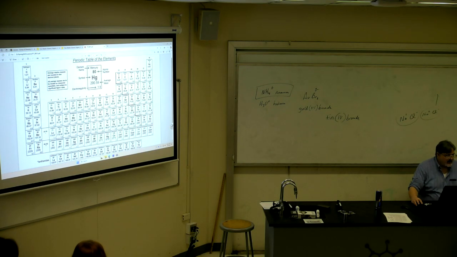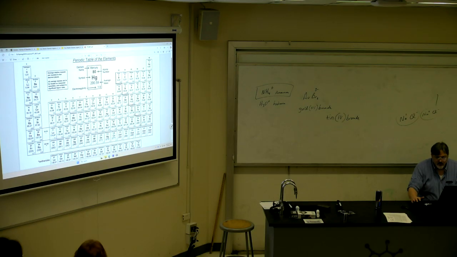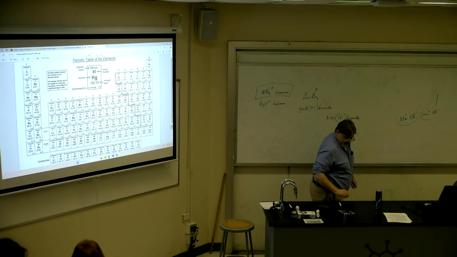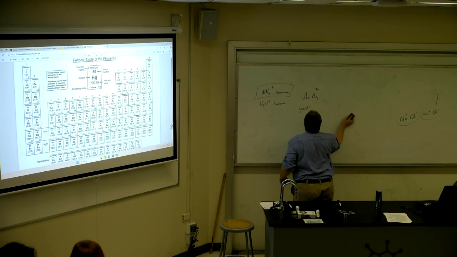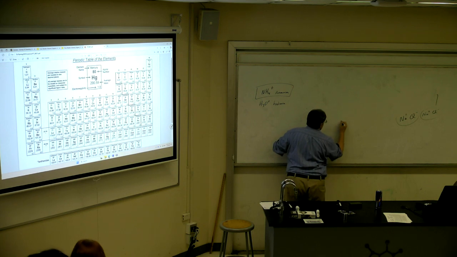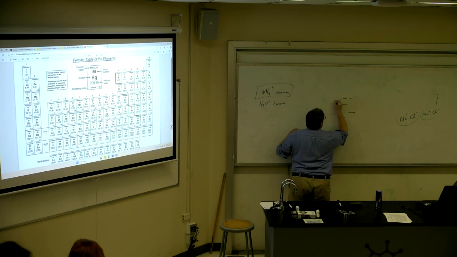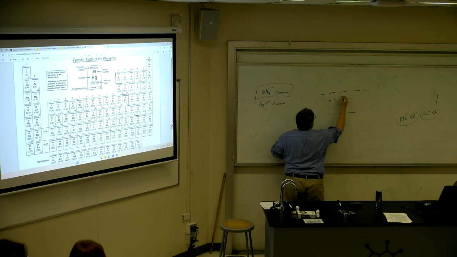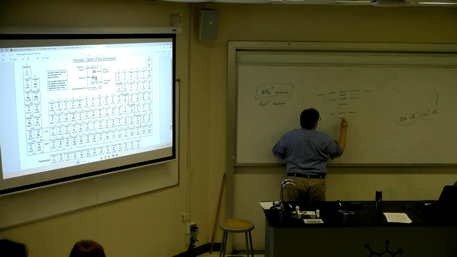Which statement concerning lithium ion is correct? Lithium has 2 total electrons. This one might be a little tricky. Lithium has an octet of 8 electrons in its valence shell. Let me do this real quick. Here's lithium. 3 electrons for neutral lithium.